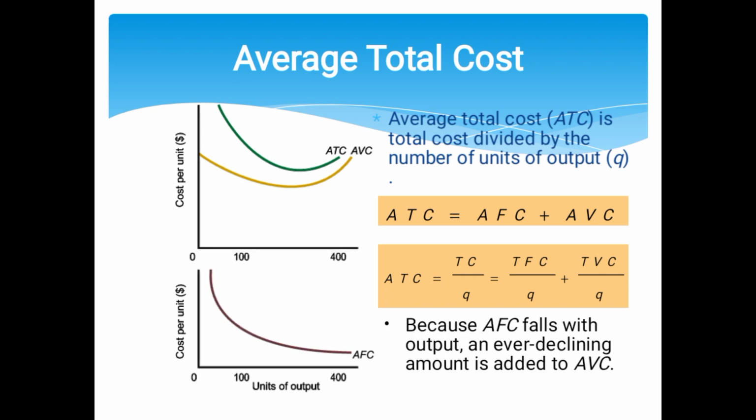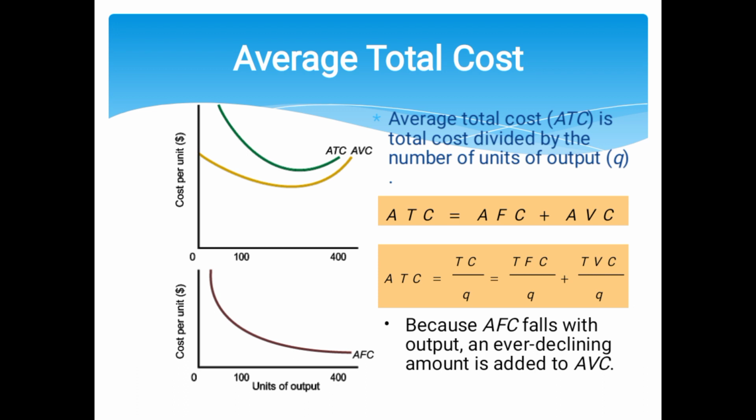Average total cost. At the graph, average total cost or ATC is total cost divided by the number of units of output. Example, average total cost is equals to average fixed cost plus average variable cost.